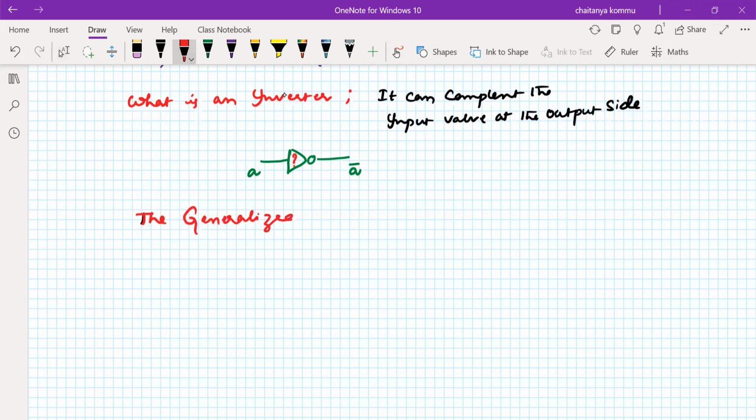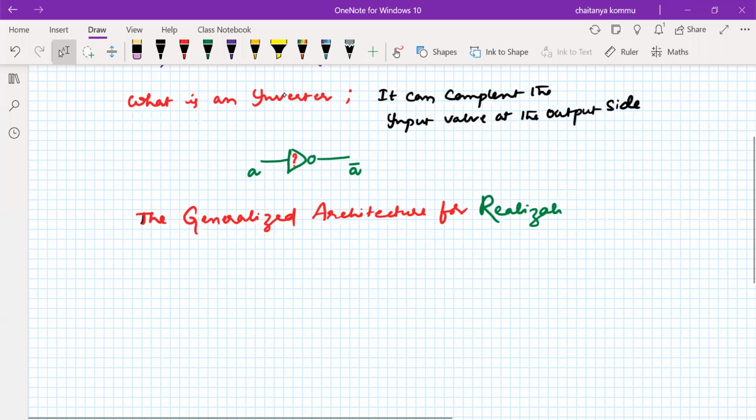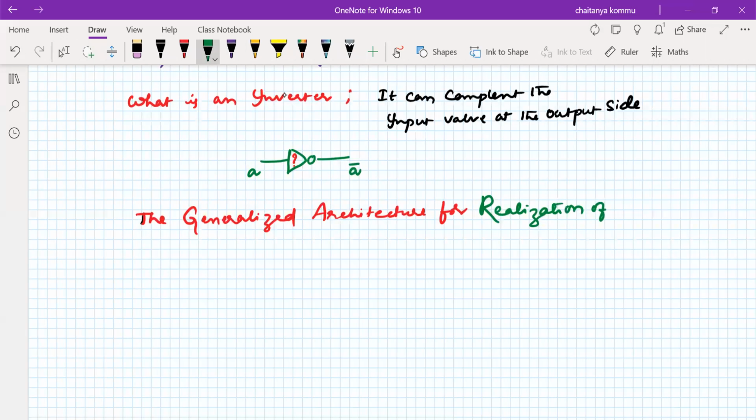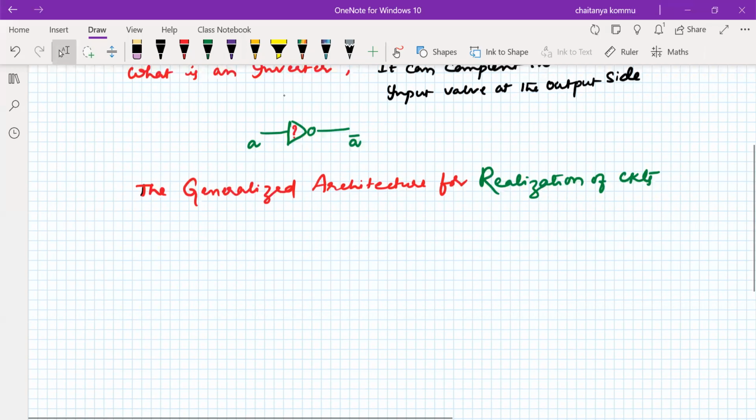There is a generalized architecture for the implementation, or realization, of circuits.